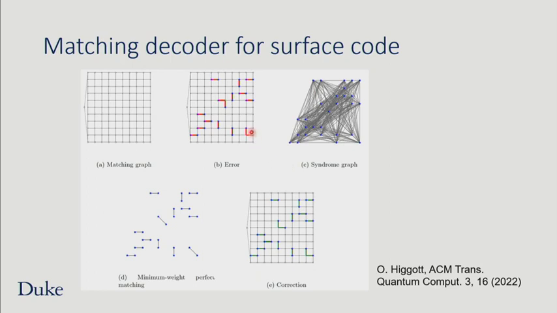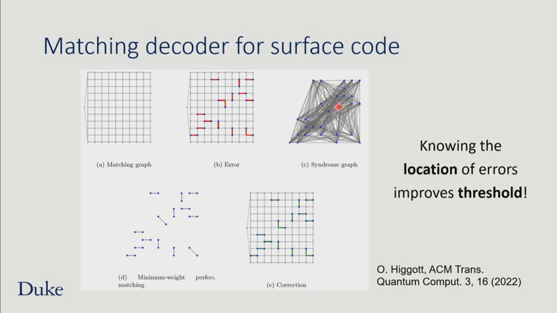And yeah, what happens is these errors in the red edges occur, but usually you only have these syndromes, the blue stars, available, and you have to do this matching from this complicated looking syndrome graph. But imagine you also have these red edges inside this graph and run the algorithm on that, and you can imagine that will help the computer so much more. So yeah, knowing the location of errors should improve the threshold.